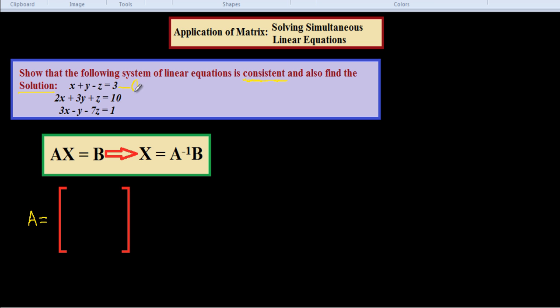This one is first, this one is second, and this one is third equation. So we get the coefficients of all the variables. There are three variables in each equation: x, y, and z.